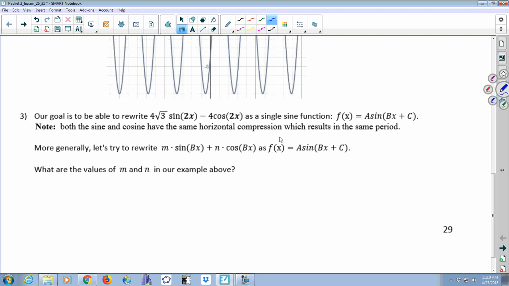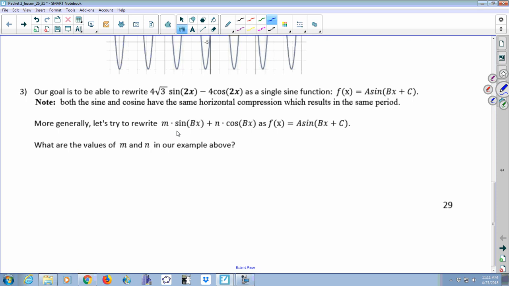So let's see if we can take this expression and make it look like this: some coefficient times sine of bx, plus another coefficient times cosine of bx. Eventually our job is to turn it into this equivalent equation here.